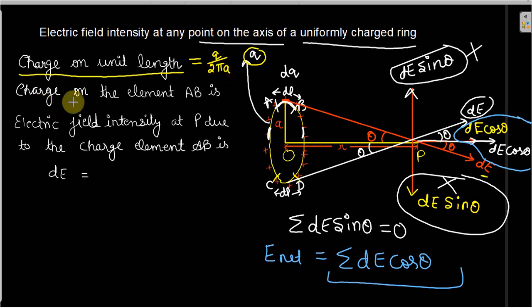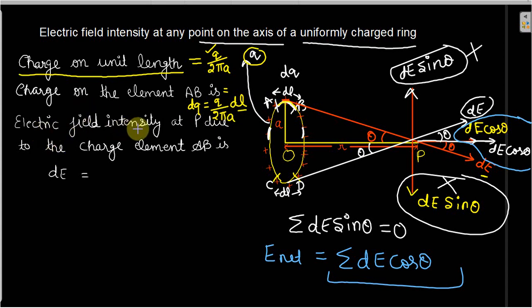The next is the charge on the element AB, which we have considered as dq. That charge will be equal to the charge per unit length, Q by 2 pi a, multiplied by the length of this AB portion, which is dl.